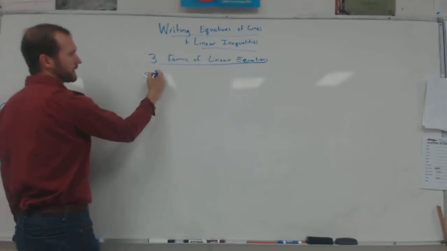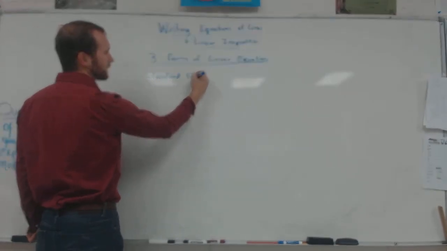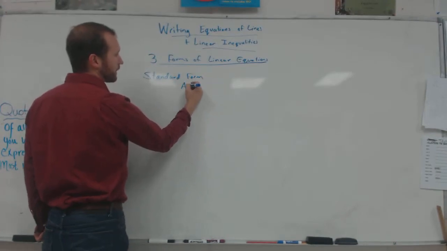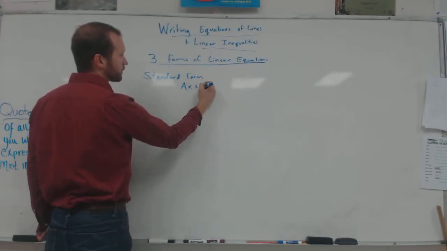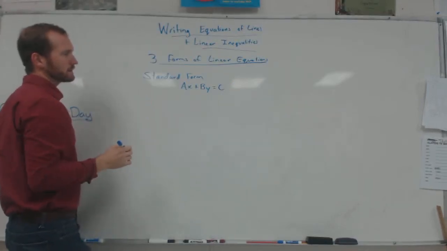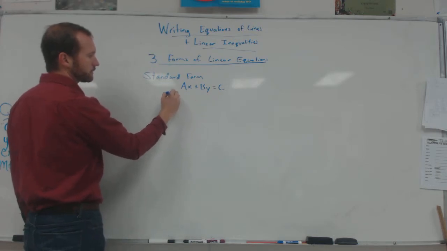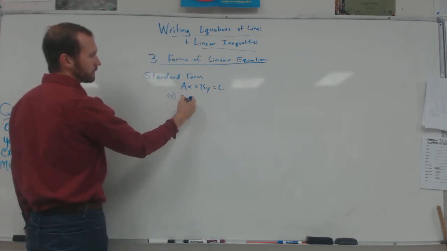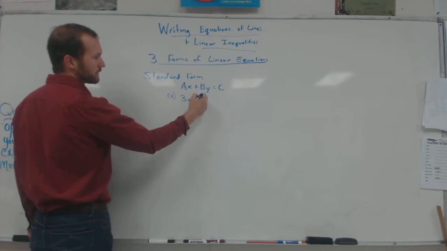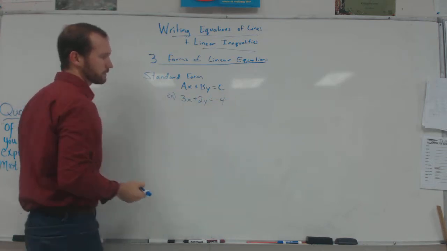The first one is standard form, which is usually written like this: Ax plus By equals C, or lowercase letters or whatever. An example would be 3x plus 2y equals negative 4.